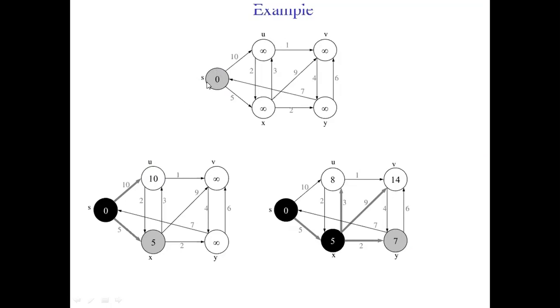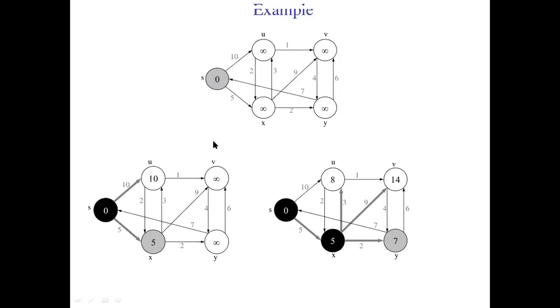Now we have to find the distances from S to the remaining vertices. If a direct distance is given, we consider that value. If there is no direct path, we consider the distance as infinity. In this graph, S to U is given, that is 10.